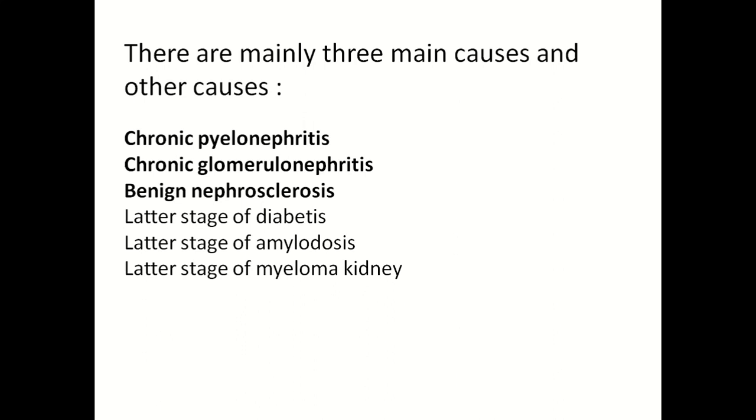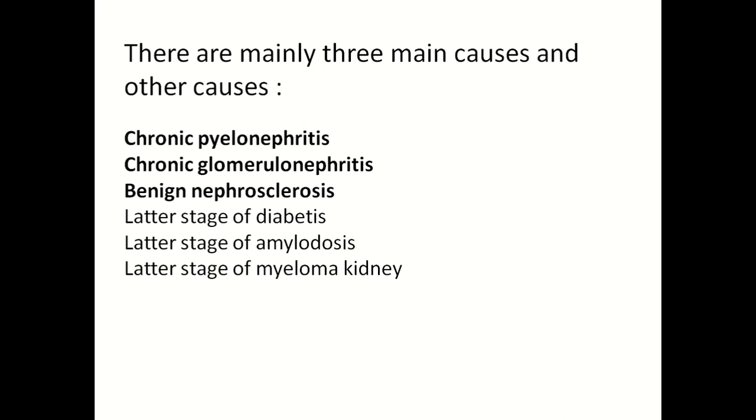So in an MCQ, you have to remember which are the causes of small contracted kidney, right? Chronic pyelonephritis, chronic glomerulonephritis, and benign nephrosclerosis are the main three causes, and in later stage of diabetes, amyloidosis, and myeloma kidney, you can observe small contracted kidney. So we will discuss the three major causes one by one.